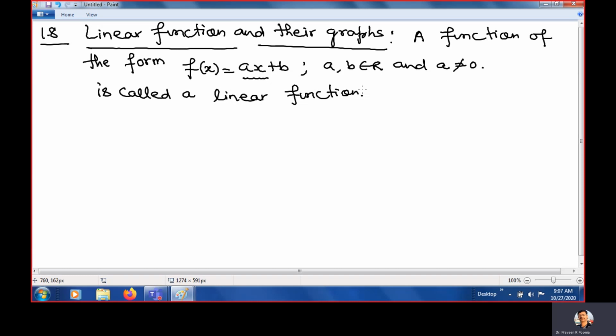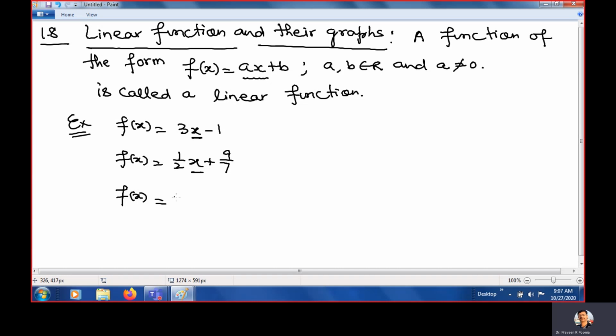Clear? For example, there are so many examples, like f(x) equals 3x minus 1, f(x) equals 1/2 x plus 9/7. You can write anything, only x should be here. If only x is here, then it is a linear function. f(x) equals, say I'm writing 7.